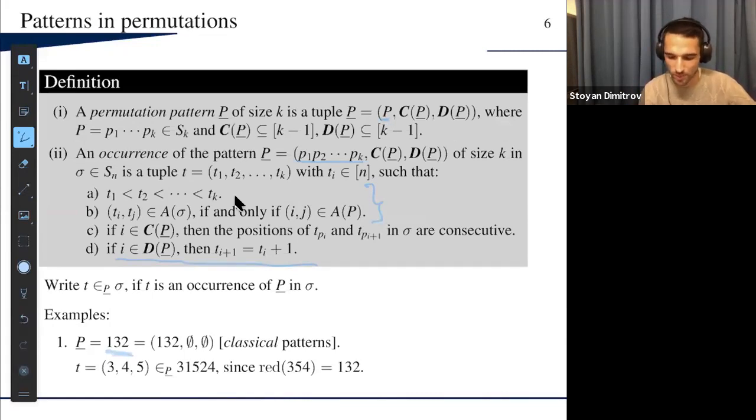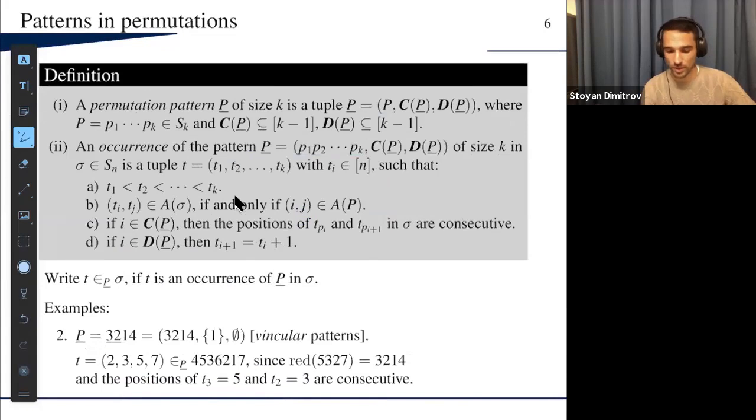And here is an example of an occurrence of this pattern. 3, 4, 5 is an occurrence of the pattern in this permutation, just because the subsequence these three elements form is 3, 5, 4, and this is order isomorphic to 1, 3, 2.